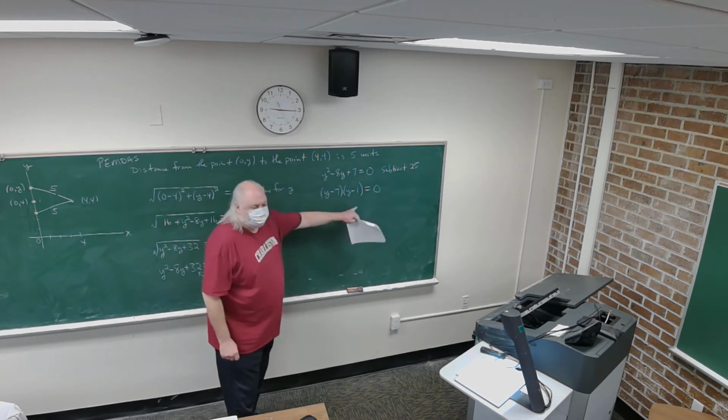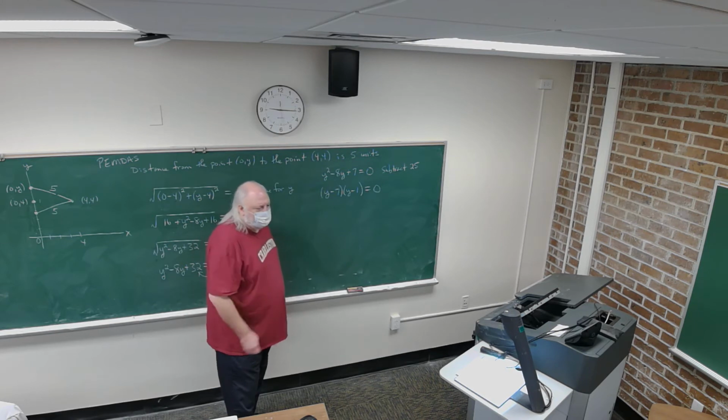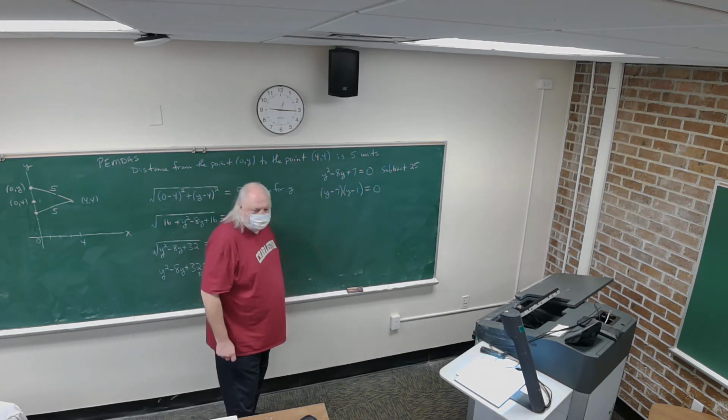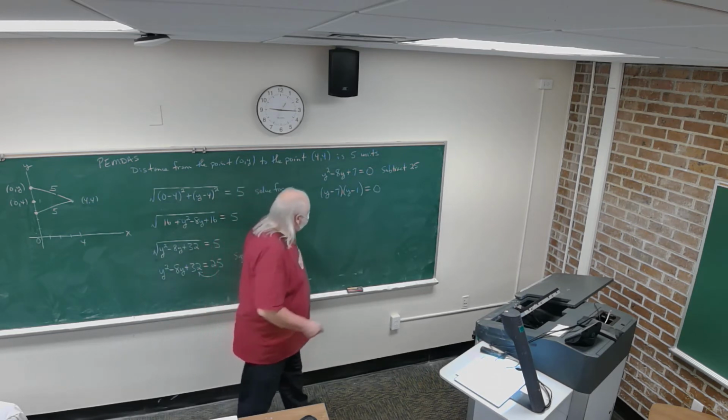So we have a product of two factors equal to 0. So by the zero product property, either the first factor is equal to 0 or the second factor is equal to 0.